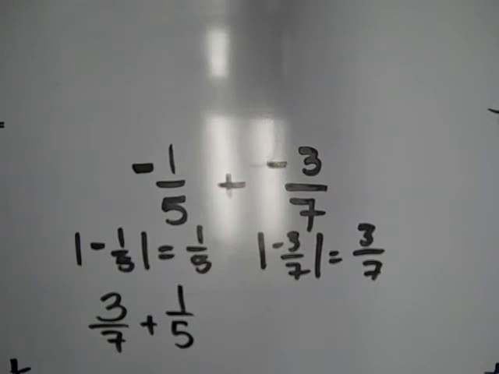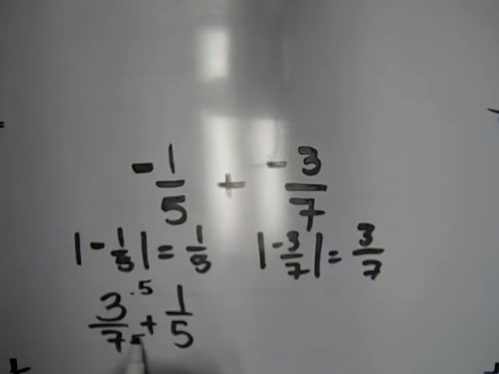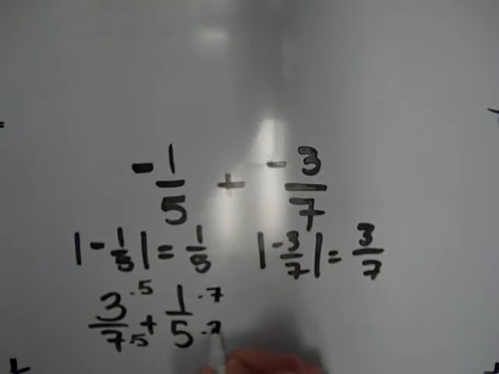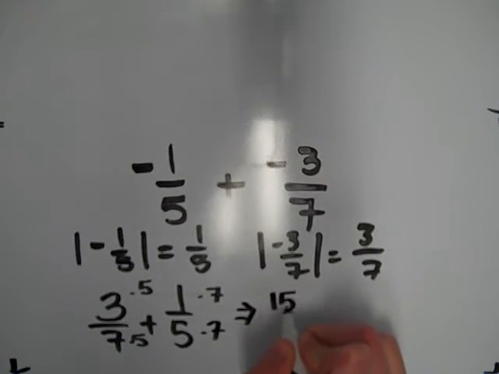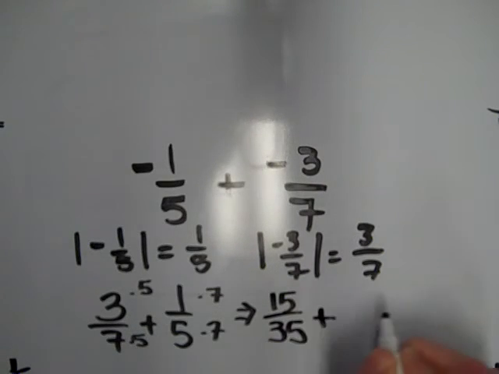The common denominator for 7 and 5 is 35. So I'm multiplying this fraction by 5 over 5 and this fraction by 7 over 7. What that gives me is 15 over 35 plus 7 over 35.